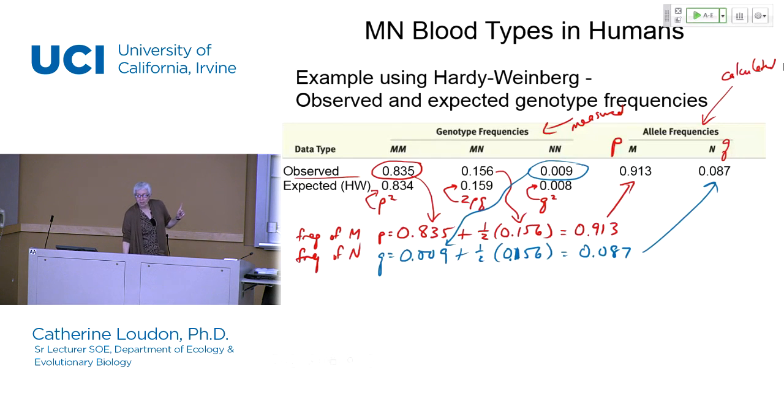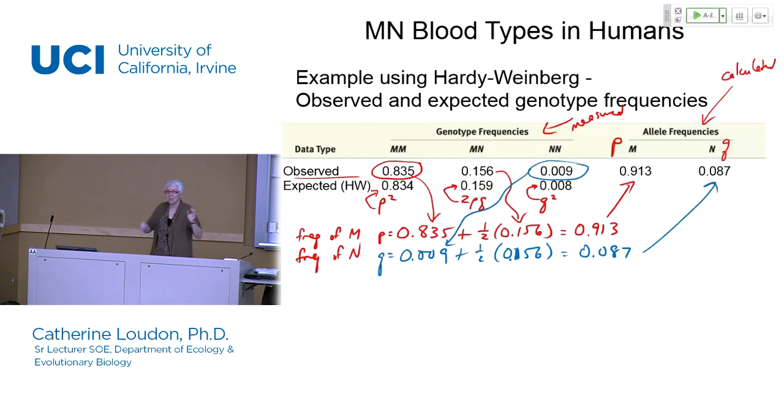One really important point is that the allele frequencies we just calculated have absolutely nothing to do with Hardy-Weinberg predictions, except that we need them to make Hardy-Weinberg predictions. But this P and this Q are factual statements about the allele frequency in the data that were collected. They're not hypotheticals, they're not predictions.